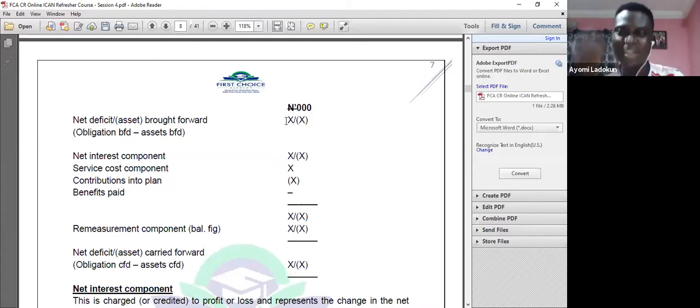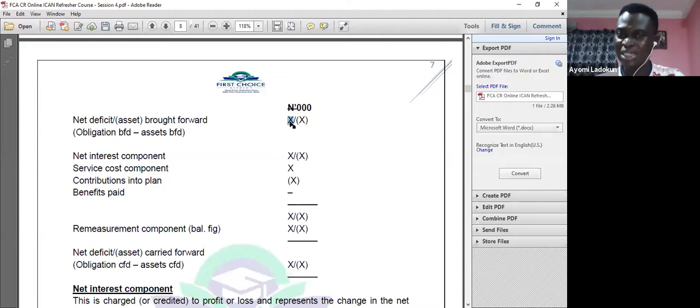So any reduction in your liability is a gain, because your staff are now redundant, so they won't take part in future salary increases. Now, when you see net deficit here, it simply means my obligation is greater than my asset. That's why obligation minus asset.